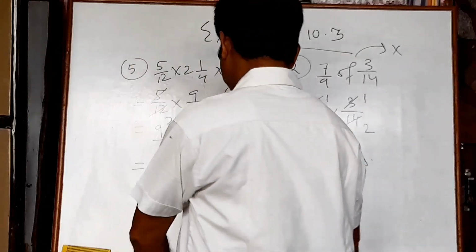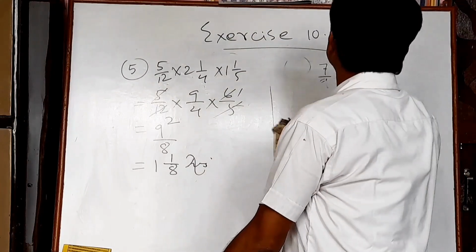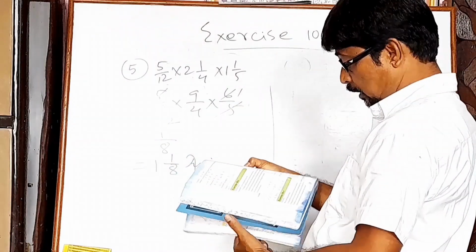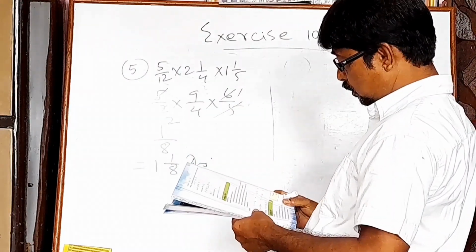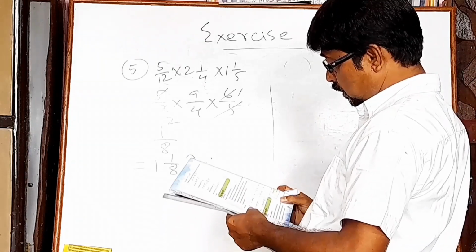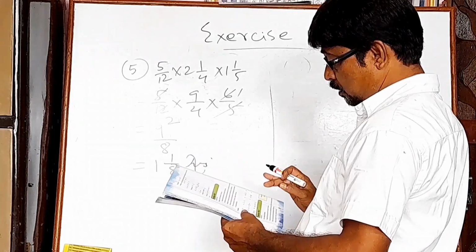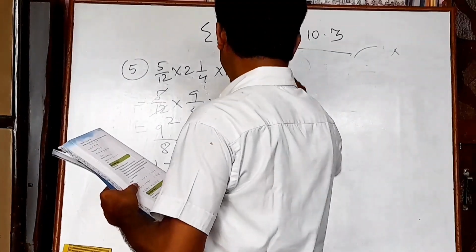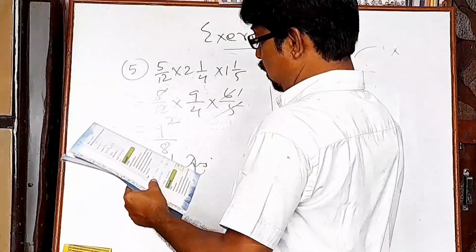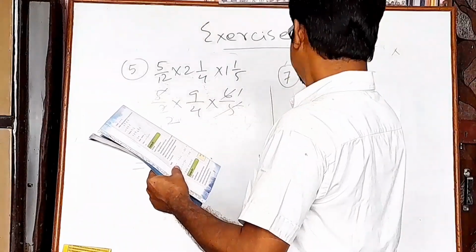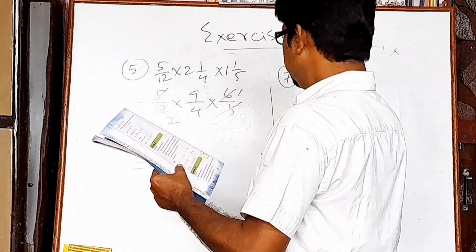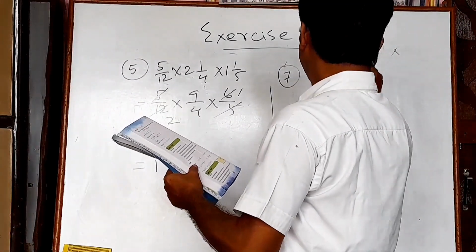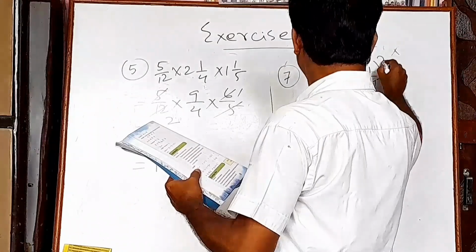Now, any similar question? All the questions are same, but one power is given here. See question number 7. I should solve this also because a different type of question is there. 2 by 5 of 1 whole number 1 by 4 whole to the power 2.